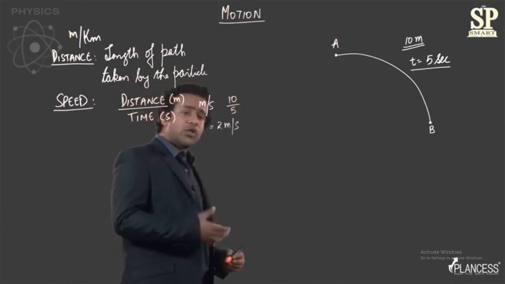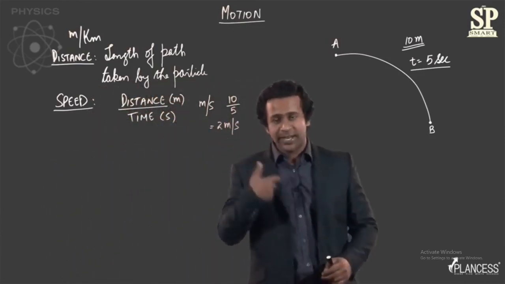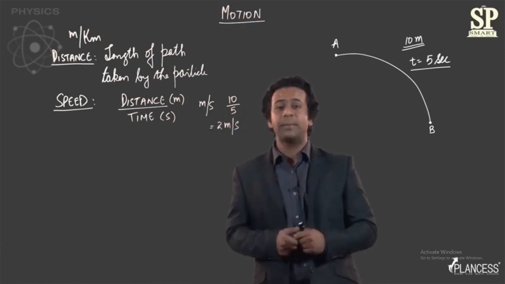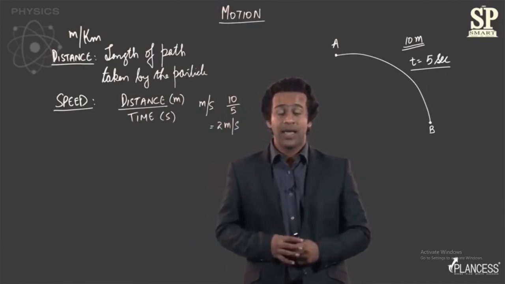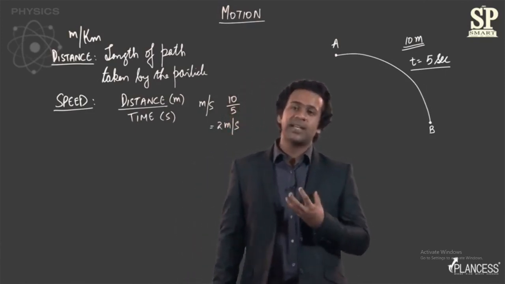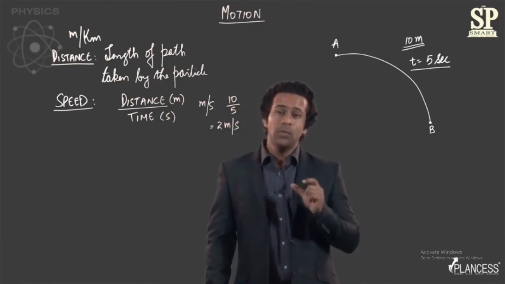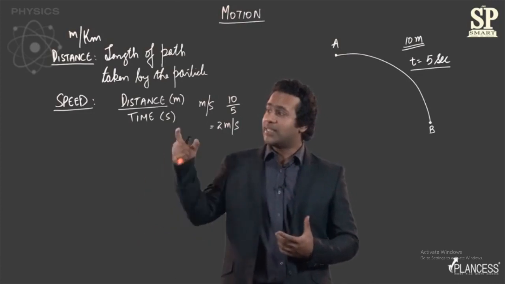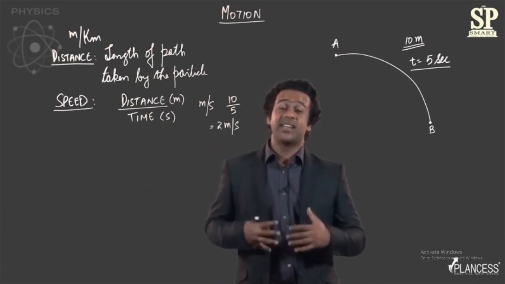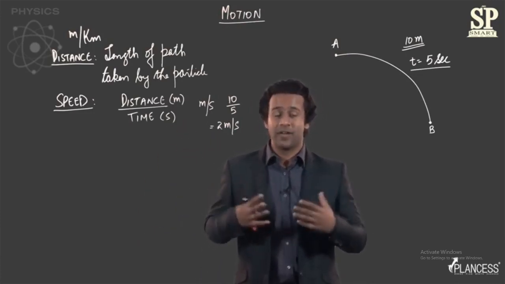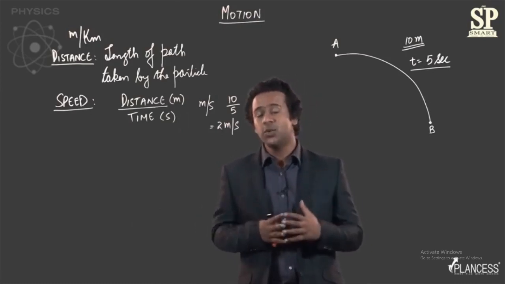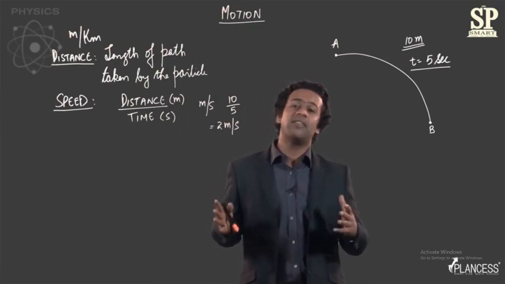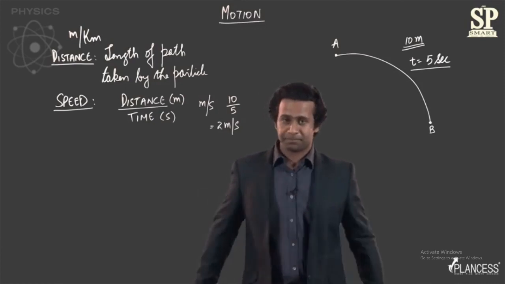What does this number 2 signify? The speed of 2 meters per second tells you that this particle is covering 2 meters in every second. That is why we say that speed is the rate at which distance is covered, because speed tells you the distance that will be covered in every second.